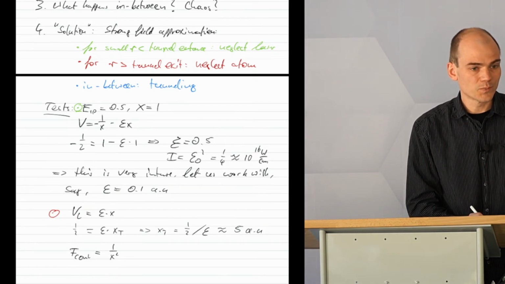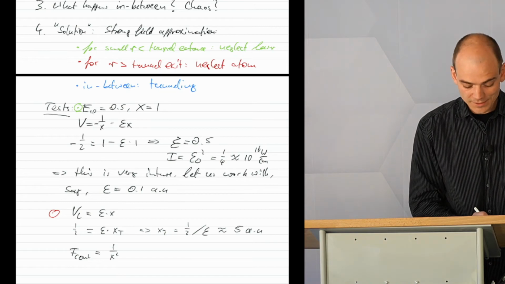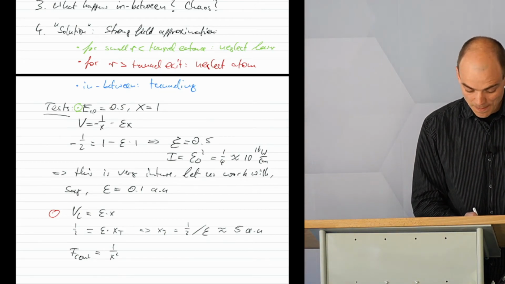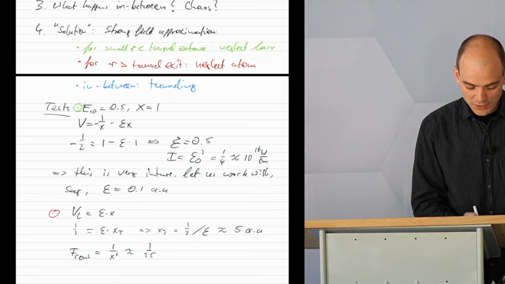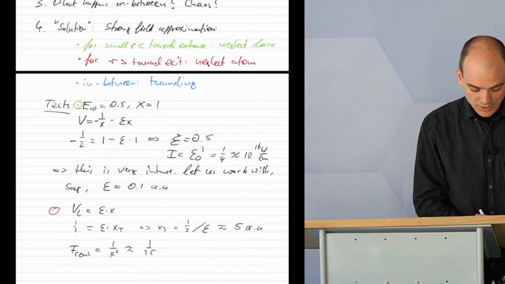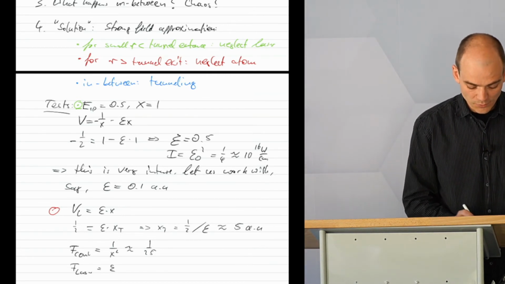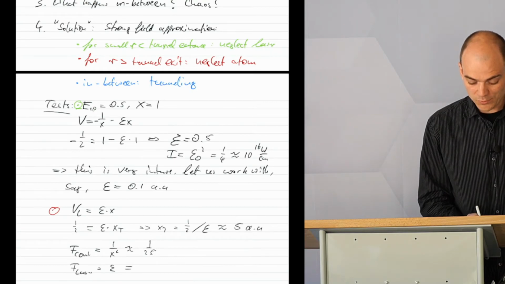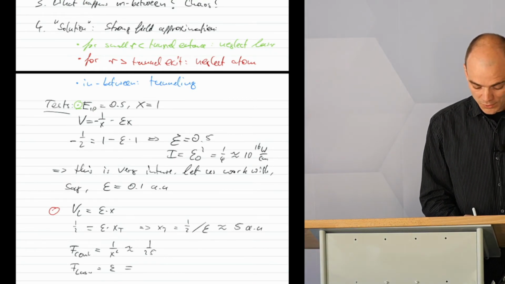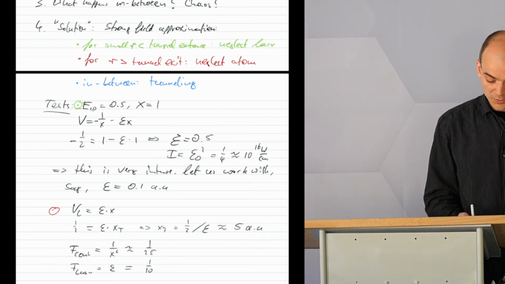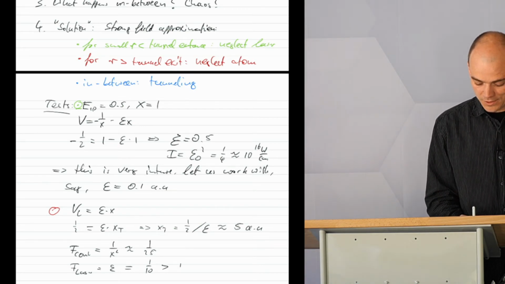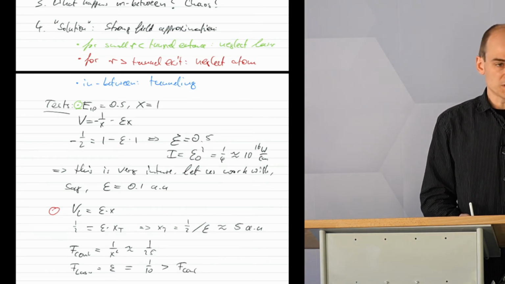Since the potential is 1/x, the Coulomb force is 1/x squared, and then this is 1/25, whereas the force from the laser equals the electric field strength, and we said we wanted to work with 0.1, so this is 1/10, and so this is at least larger than the Coulomb field.